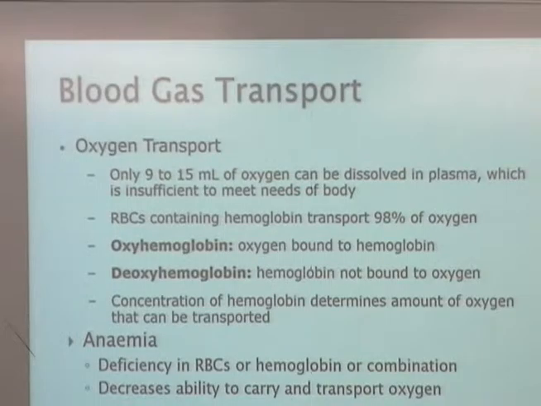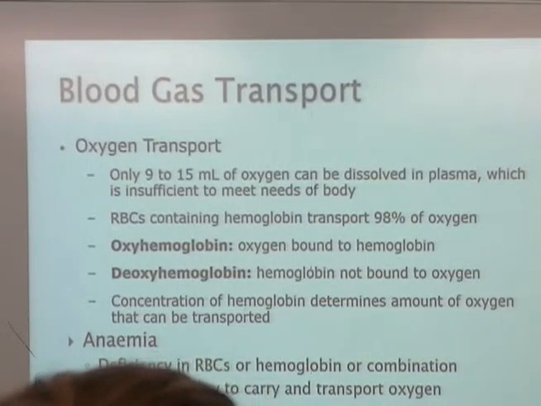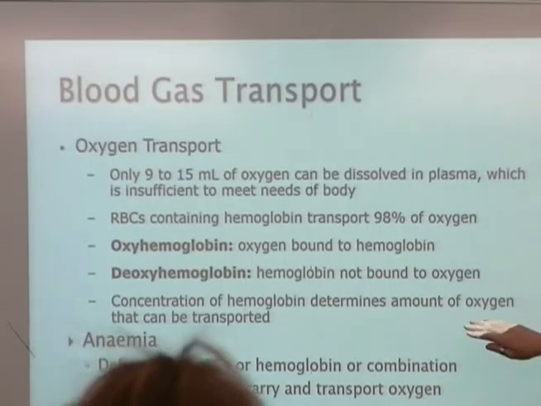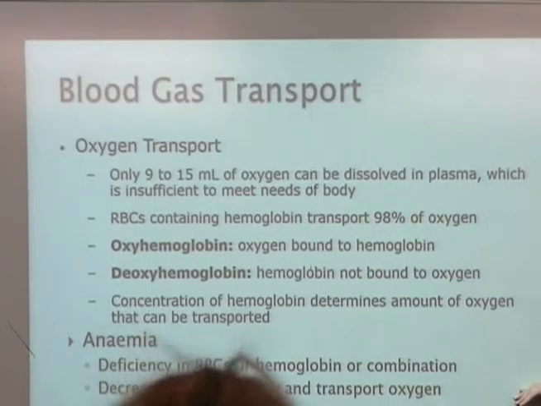Hemorrhaging can be a cause for anemia. So if people are in accidents and things, then that can be a problem. Heavy menstrual cycles is like hemorrhaging. Guys, trust us. When we say it hurts, it's not good, right? So that's like hemorrhaging. So more women suffer from anemia than men do.